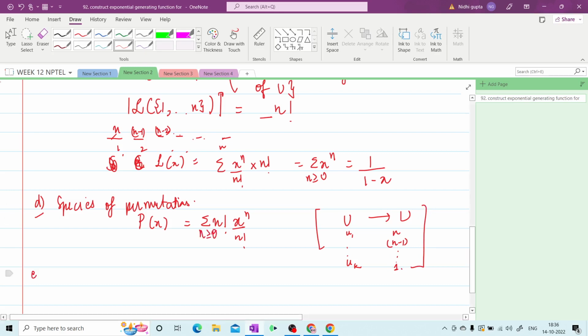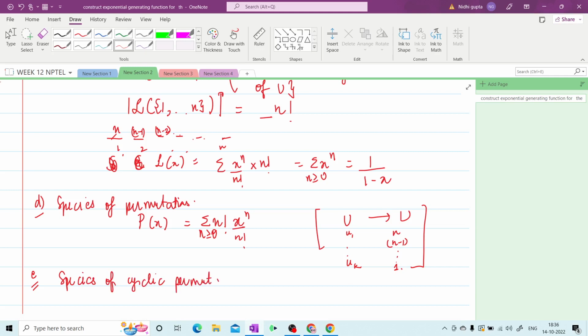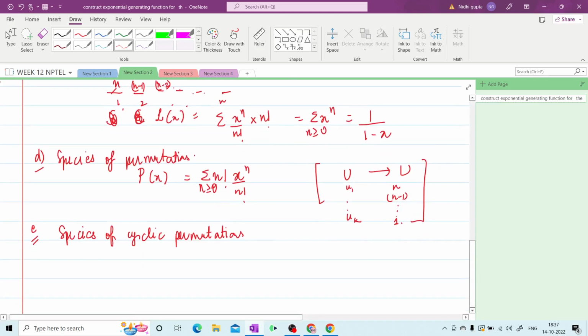Now next was the species of cyclic permutations. So we have to find the order of C on 1 to n.